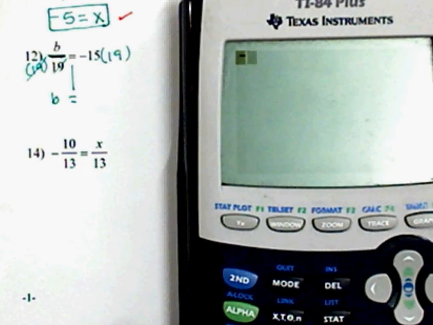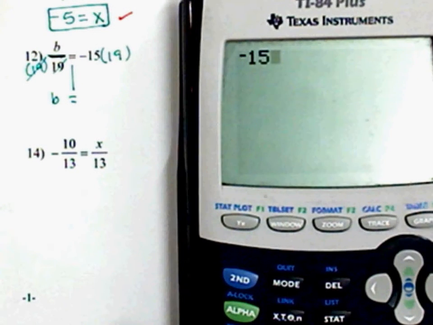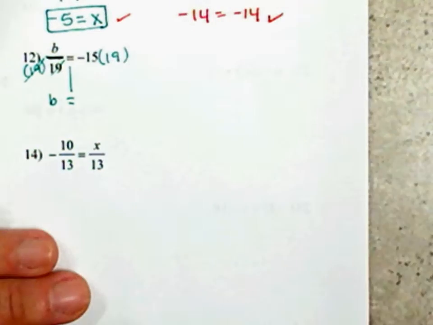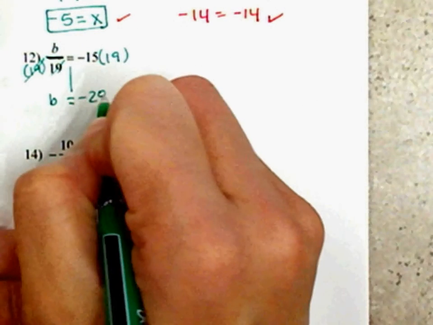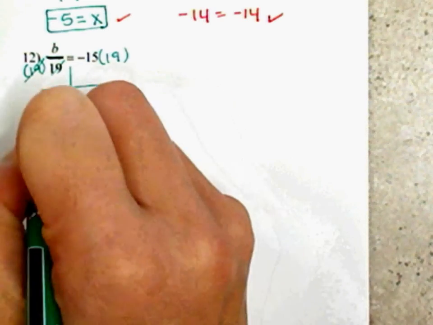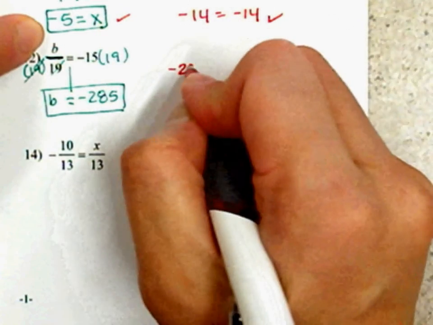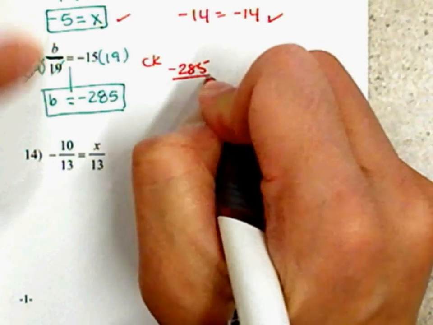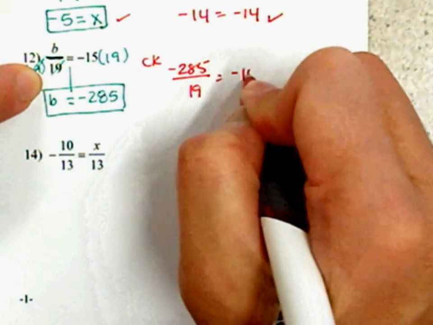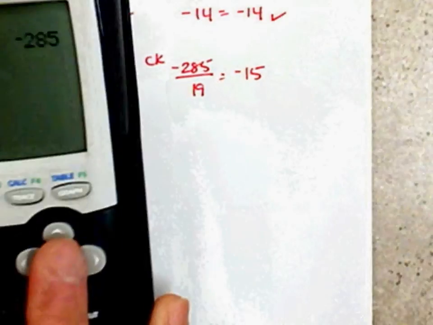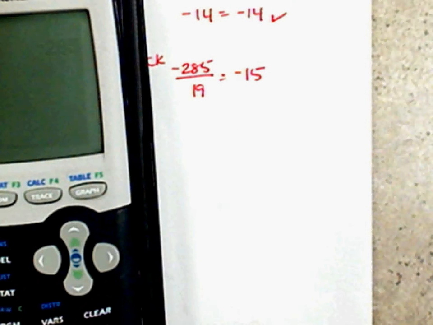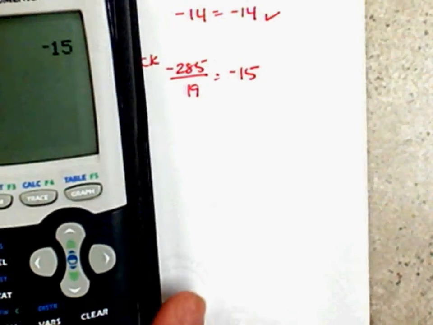Negative 15 times 19, which is negative 285. So to check, b is negative 285 divided by 19 equals negative 15. So is that true? Negative 285 divided by 19 is negative 15. See that right there?